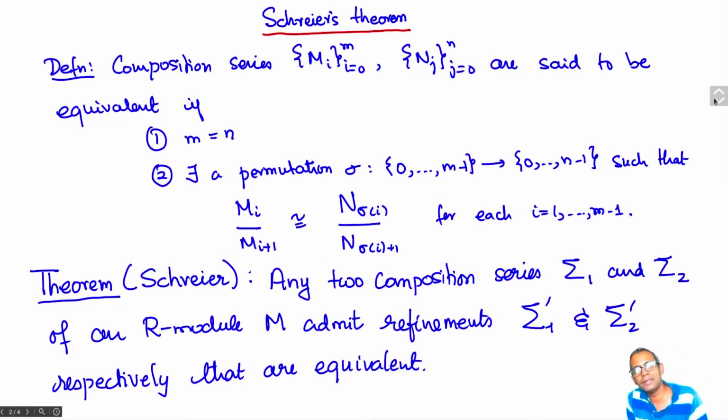So you can even look at rings where the composition series are finite, but the rings can admit infinite composition series like Z. So if you have any two finite composition series of Z, we are always taking composition series to be finite, that's how we defined it, they will admit a common refinement. And not only does it say that such a common refinement exists, the proof that we've given of Schreier's theorem actually shows you how to construct this common refinement.